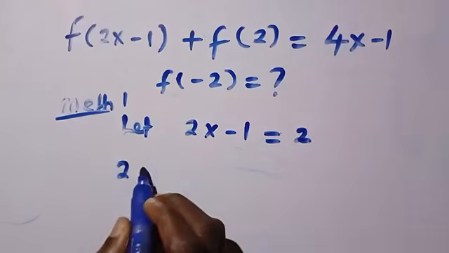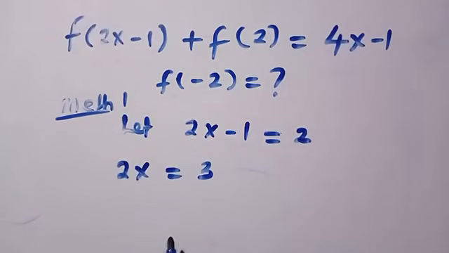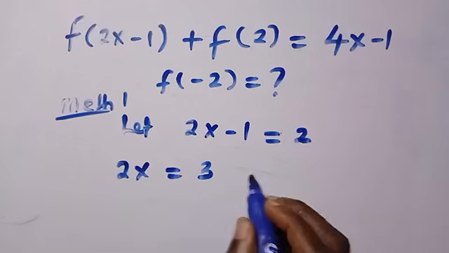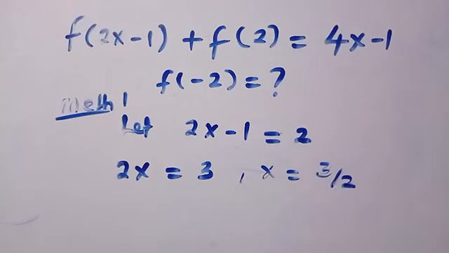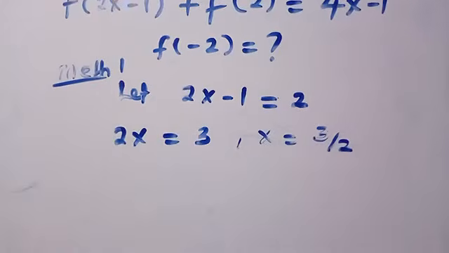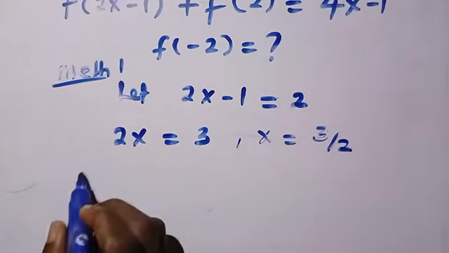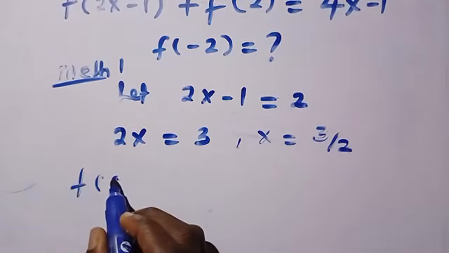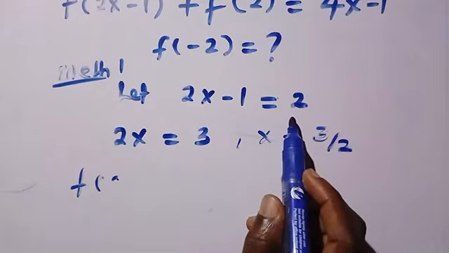Therefore, we have 2x equals 3. And if 2x equals 3, this shows that x equals 3 divided by 2. And if x equals 3 divided by 2, we come back to this function and try to replace this one with f of 2. Since we have 2x minus 1, I've already let it be 2.